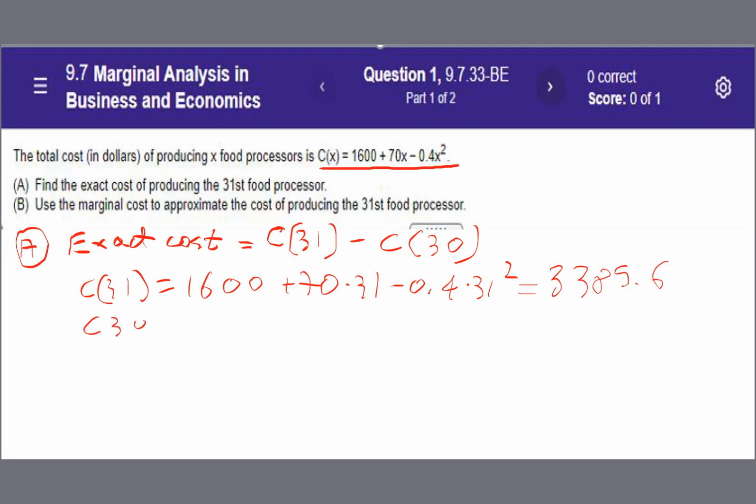C of 30 is 1600 plus 70 times 30 minus 0.4 times 30 squared.